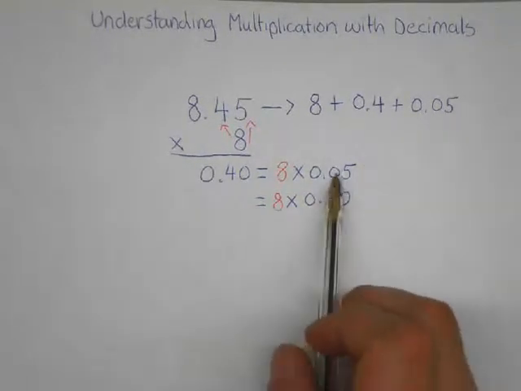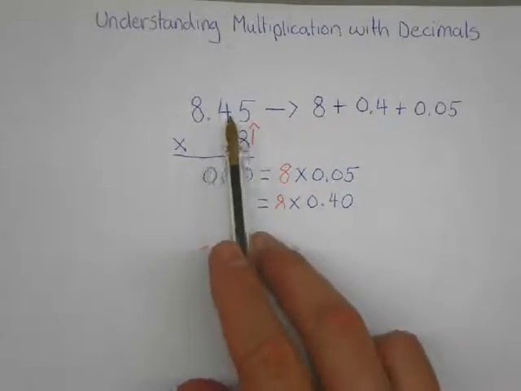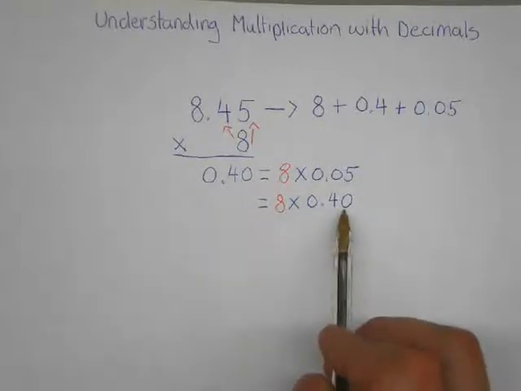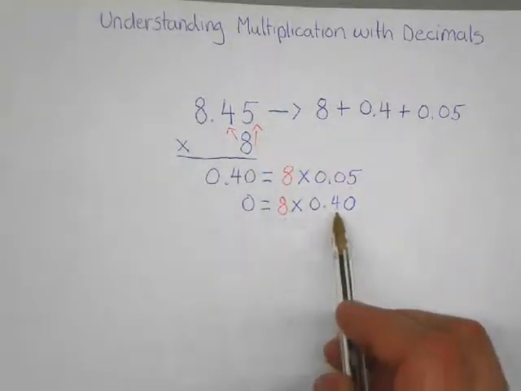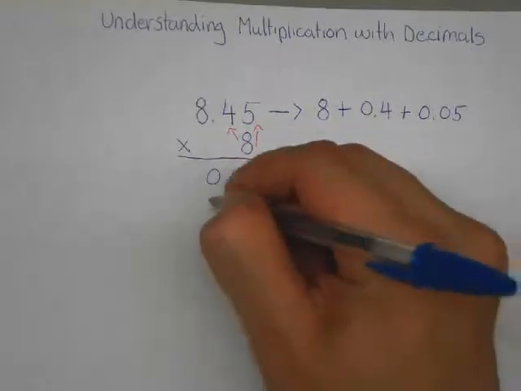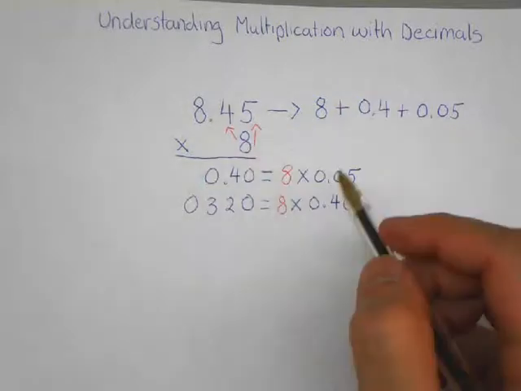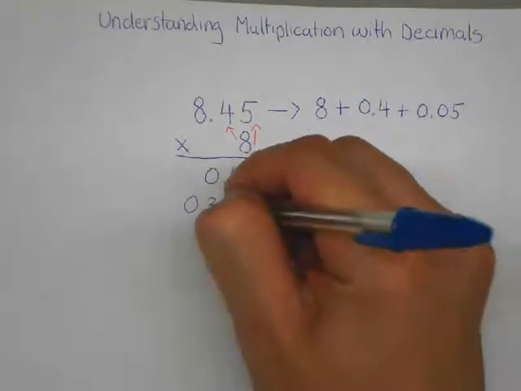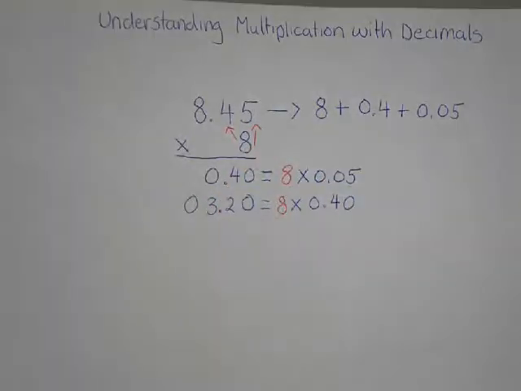So we could keep all the decimals in line, 2 numbers behind the decimal because we're dealing with 2 numbers behind the decimal. Okay, so we have 8 times 0.40. We're going to do our first thing. So we have 8 times 0, which is our 0 over here. Then we have 8 times 4, which is 32. Now, we've reached the decimal, and the decimal has to go after the tenths. We're always keeping these decimals in line over here. So we can see now that we have 3.20.